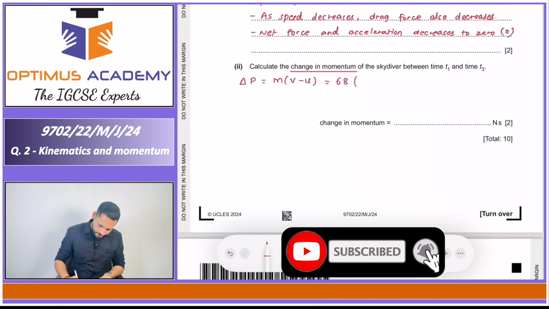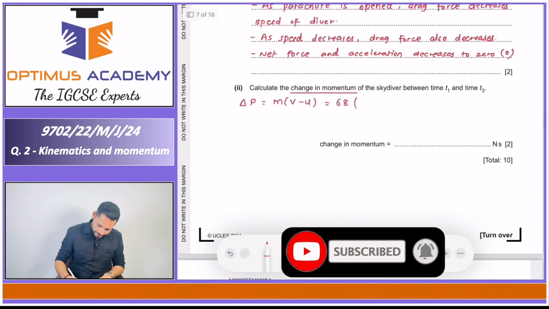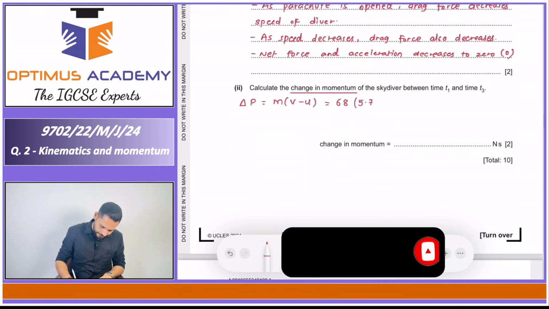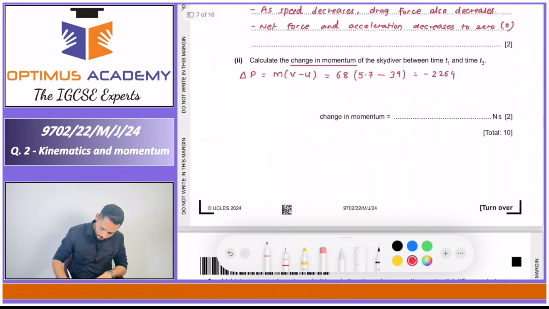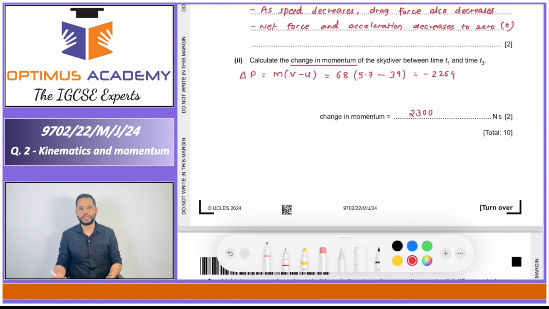Her final velocity is 5.7 meter per second and at T1 her terminal velocity was 39. So the change in momentum would be minus 2264. Since they are only asking about change, we will not include the minus sign, we can write 2300 Newton seconds.